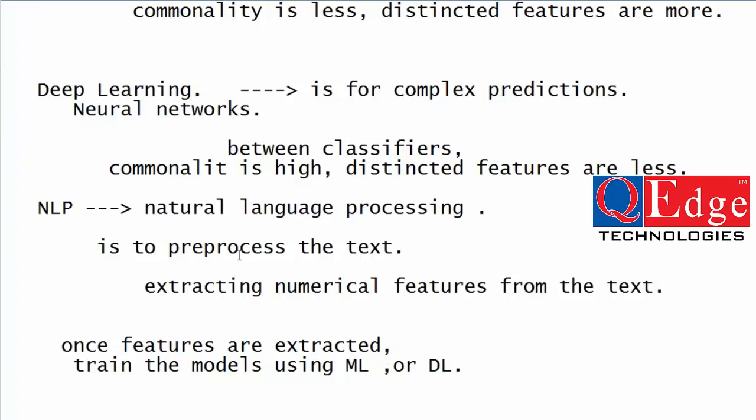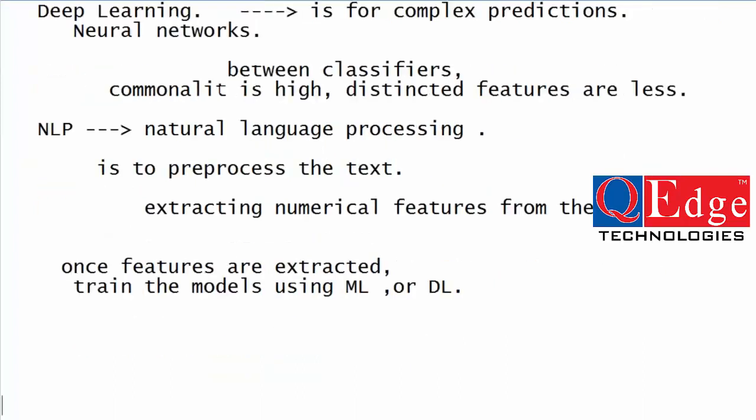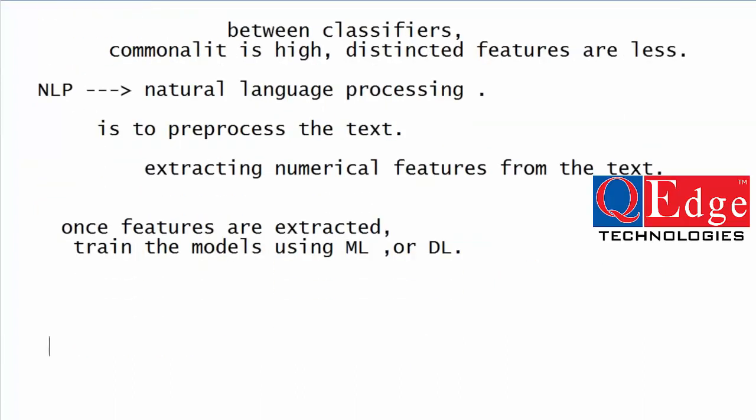Simply, I already gave clarity here. If common features are high between the classifiers, then use deep learning. If common features are less and distinctive features are more, you can go with machine learning. So once features are extracted, we need to train the models using ML approach or deep learning approach. Now think that your application is embedded with ML models.